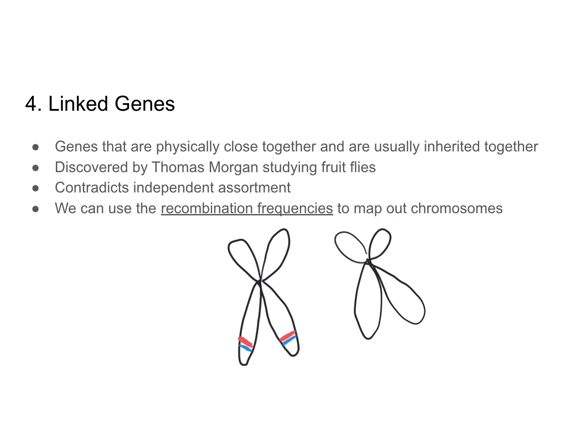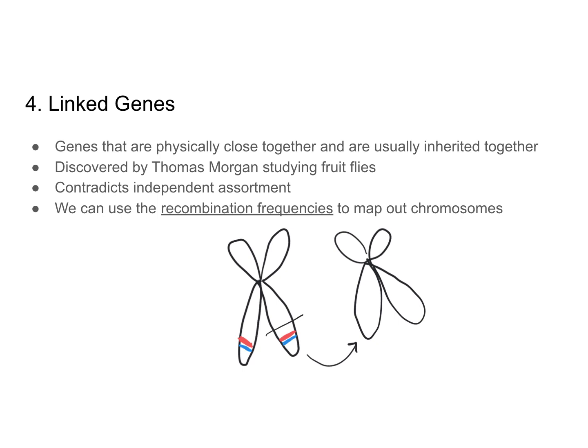So even if crossing over were to take place and we were to cut this section of the chromosome off and pass it over to this one, because they're so physically close, the chances are that these two characteristics are going to get inherited together.